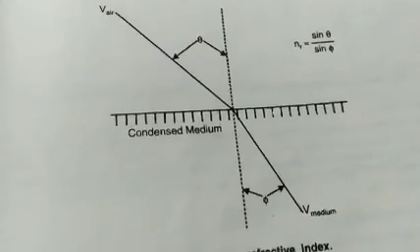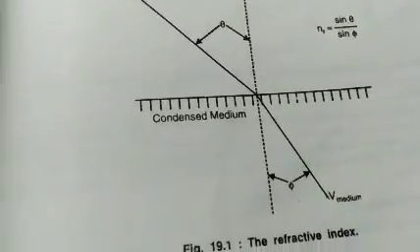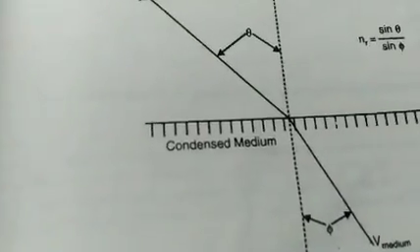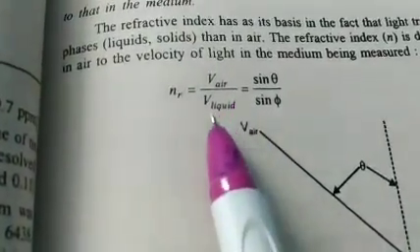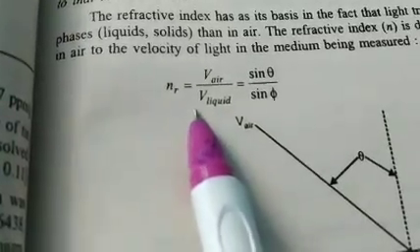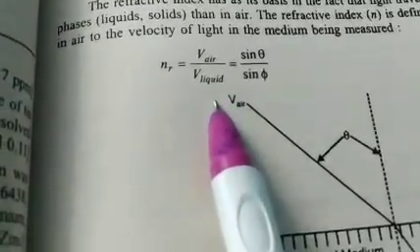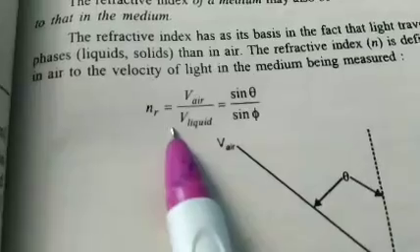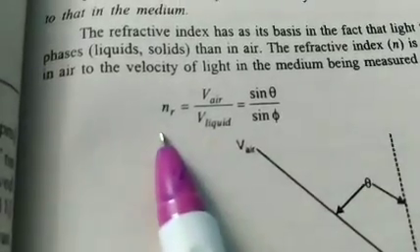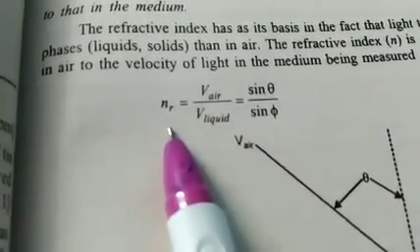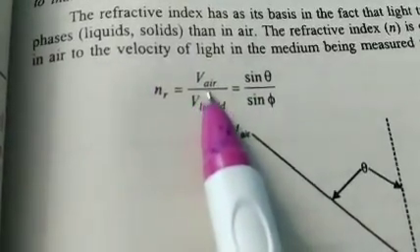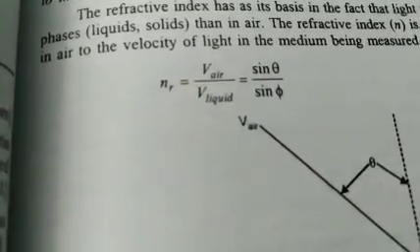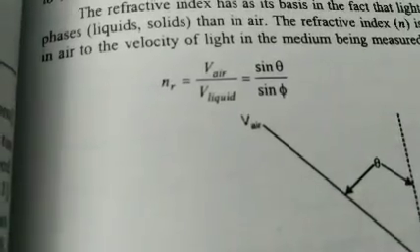The refractive index is also defined as the ratio of the velocity of light in air divided by the velocity of light in the liquid medium. So refractive index NR is equal to the velocity of light in air divided by the velocity of light in liquid.